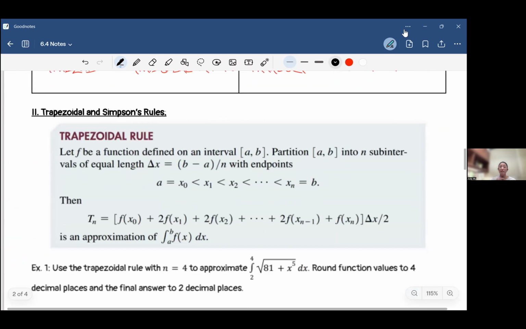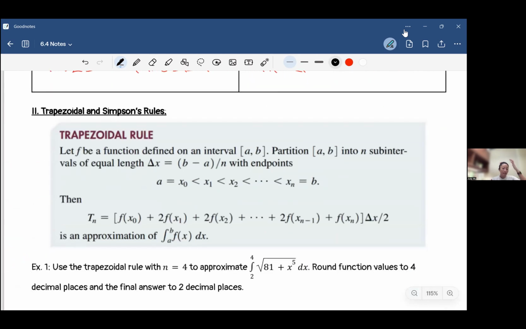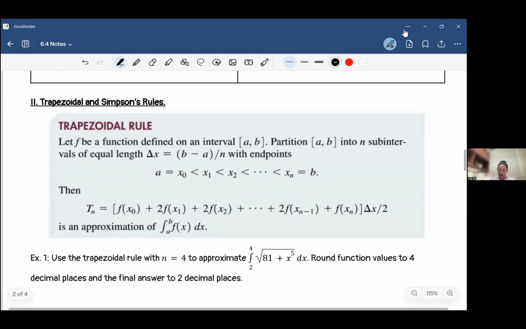All right, so that's the main idea, but let's think about what the rules actually are, okay? So the trapezoidal rule, okay? Let f be a function defined from a to b. Then let's make a note here for ourselves that a and b, these are x values. So it's like where we start and where we stop, or like the bottom number and the top number on a definite integral, okay?